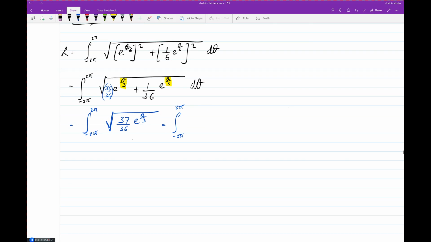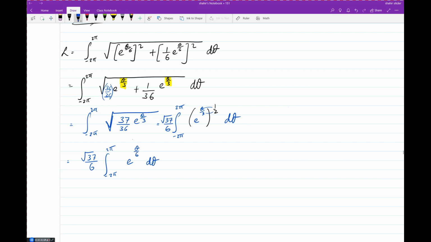The square root of 36 is just 6, so I will put root 37 over 6 outside, with e to the theta over 3 under a square root, which is the same as a 1/2 exponent. It looks pretty complicated, but if we multiply the exponents, it becomes the square root of 37 over 6, from negative 2 pi to positive 2 pi, of e to the theta over 6 d theta.